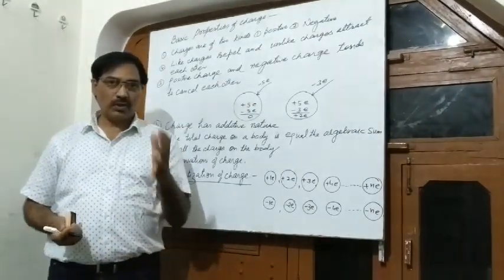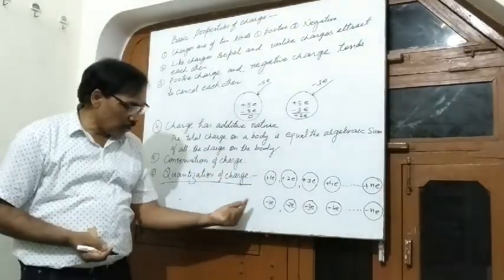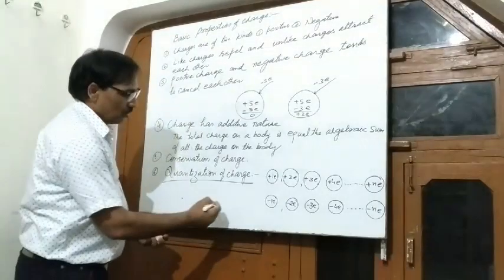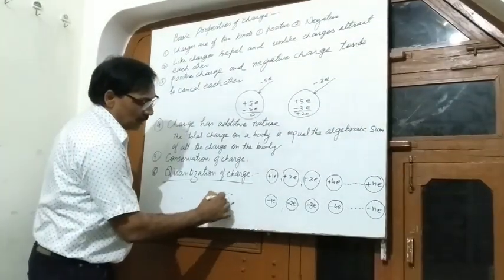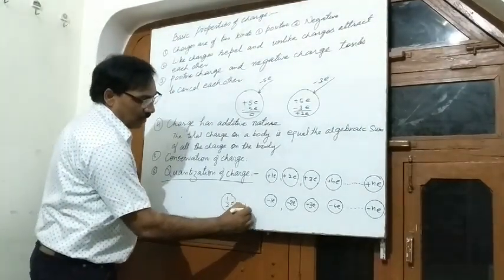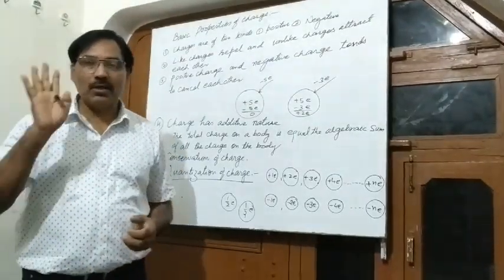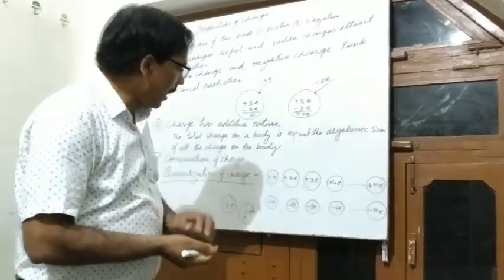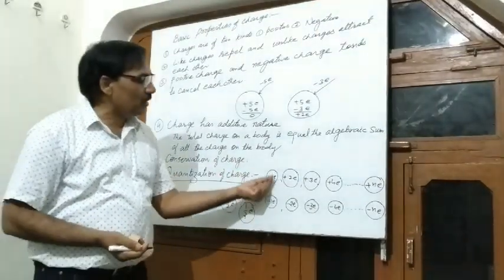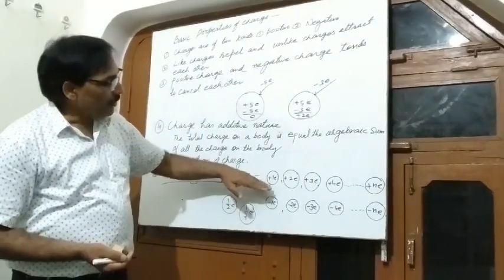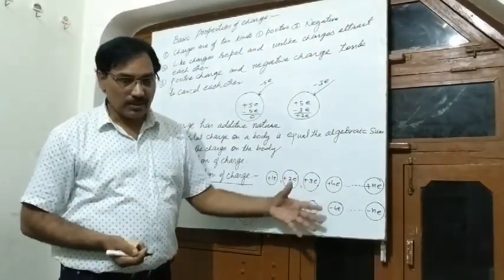We can't have charge on a body which is a fraction of electron. We can't have charge like this, 1 by 2e, 1 by 3e. This type of charge, the fraction of a charge on a body is not possible. We can have charge which is integral multiple of e. The charge on a body will be integral multiple of e, like this.